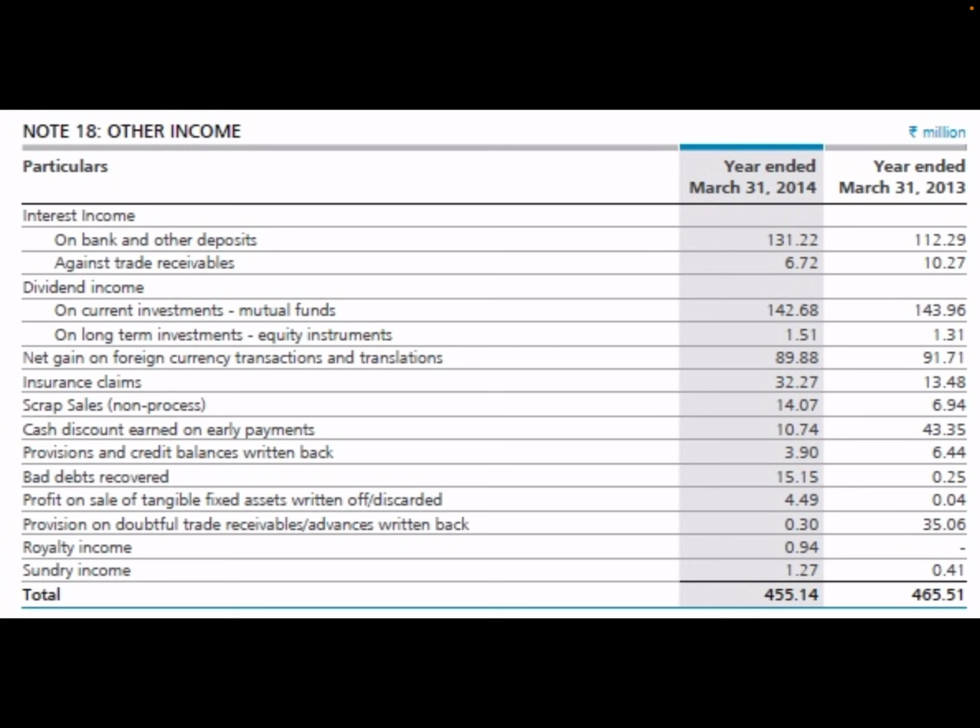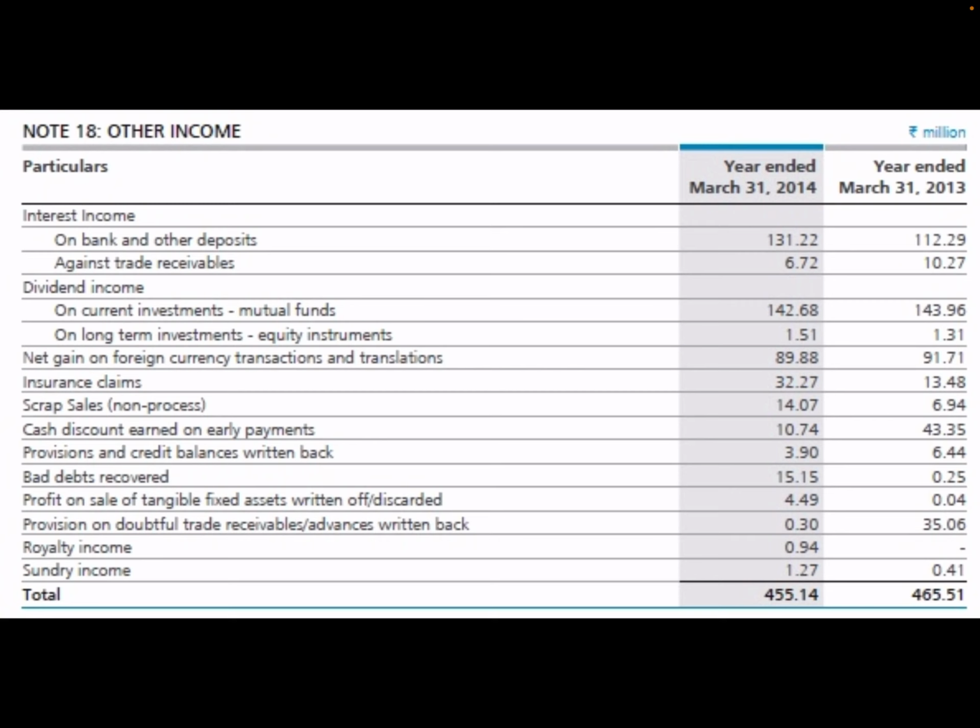It includes interest on bank deposits, dividend, insurance claim, royalty income, etc. Usually the other income should be a small proportion of the total income. A large other income usually draws a red flag demanding a further investigation.